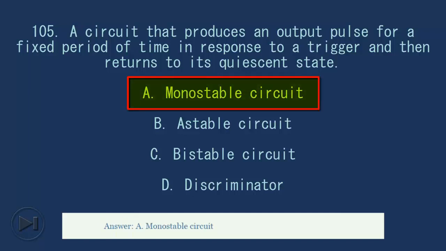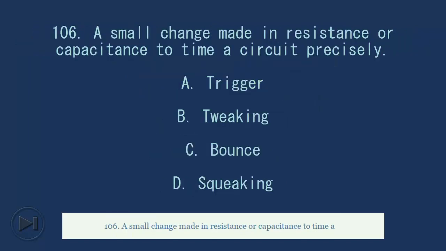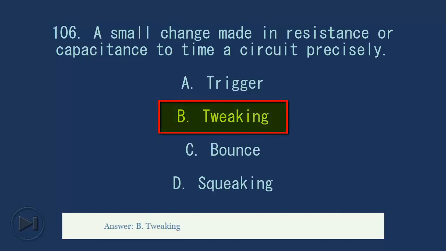Answer, A. Monostable circuit. 106. A small change made in resistance or capacitance to time a circuit precisely. A. Trigger. B. Tweaking. C. Bounce. D. Squeaking. Answer, B. Tweaking.